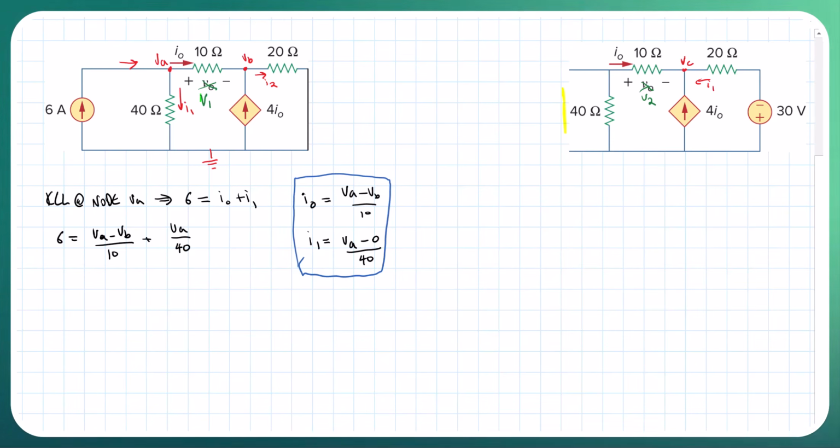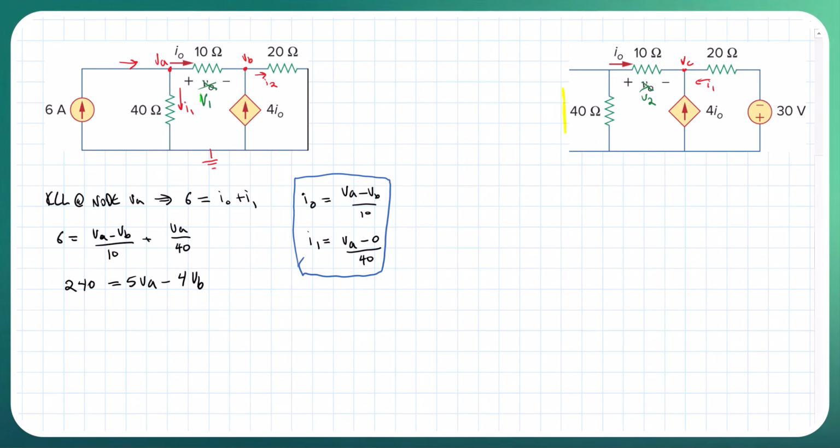It doesn't matter how you simplify this. You can multiply by a common factor between the two denominators, 400 for instance, to cancel them out. But essentially, if you simplify it, you get 240 equals 5 VA minus 4 VB.